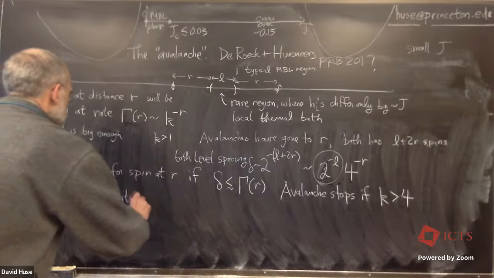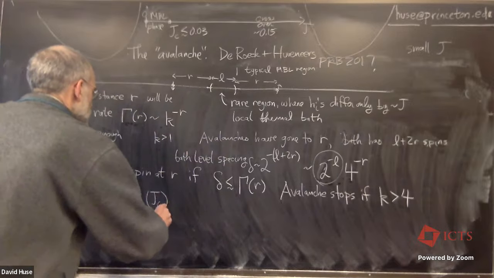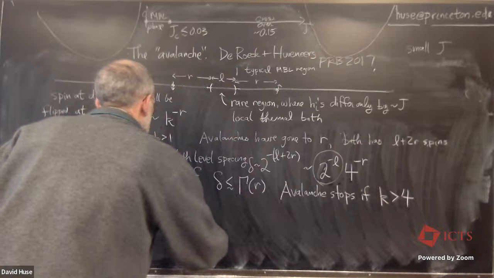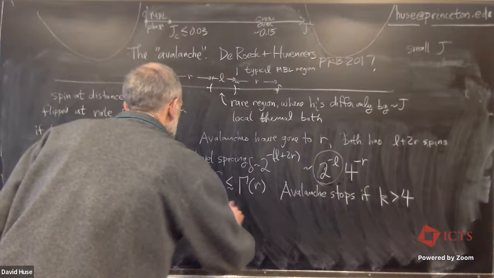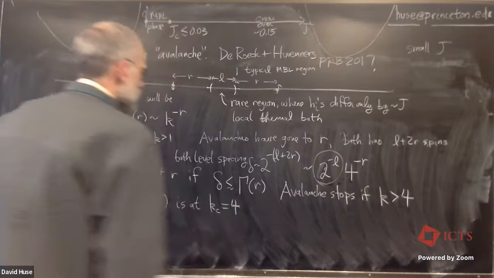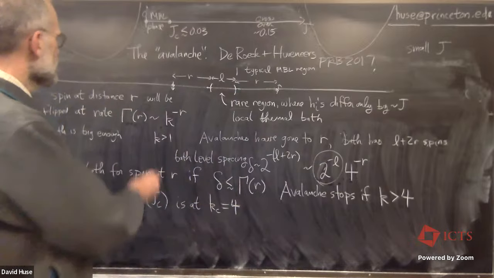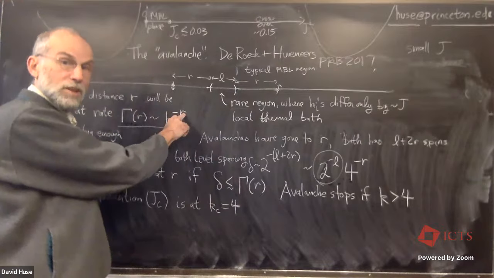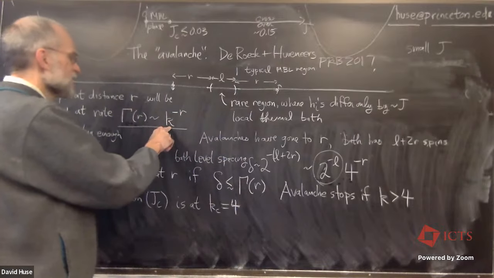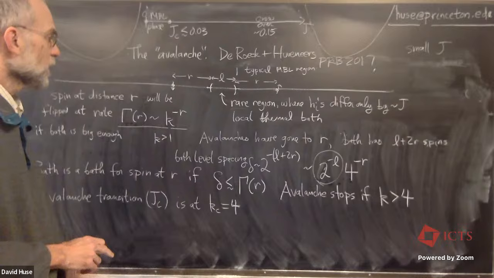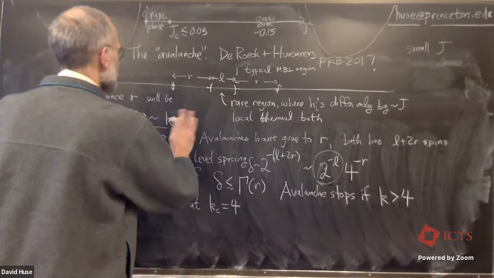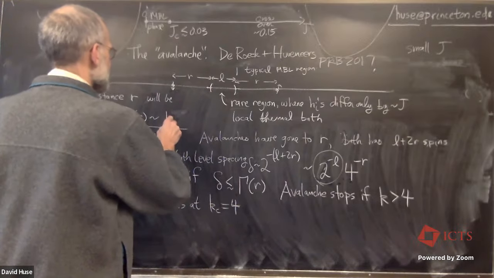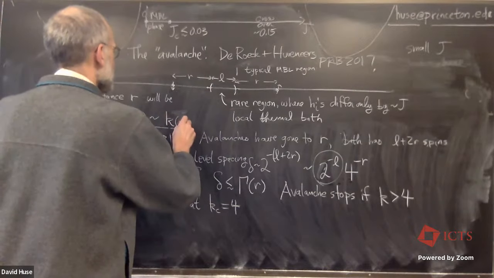Okay, so the avalanche transition K sub C equals 4. And what we mean is, this is decaying this way in the limit of large R, and that's how I define K. Now, what we're going to see numerically is it's not a simple exponential decay.